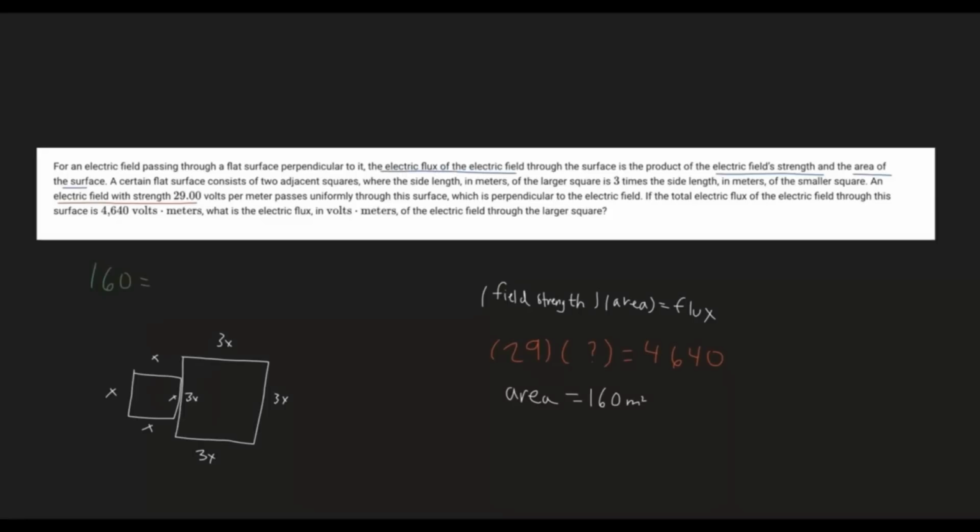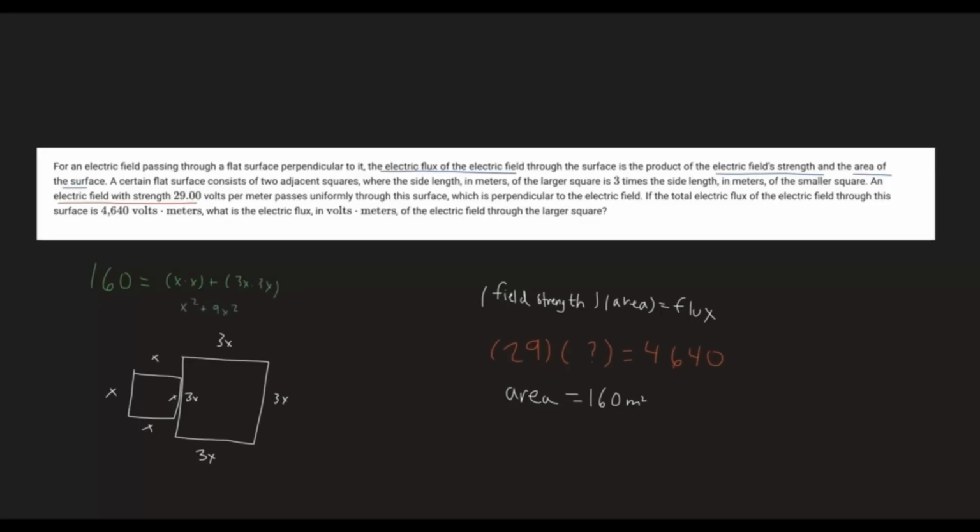To find the area, it's just length times width, right? So we have x times x. And we add this to the other square, which is 3x times 3x. And what we get here is x squared plus 9x squared.